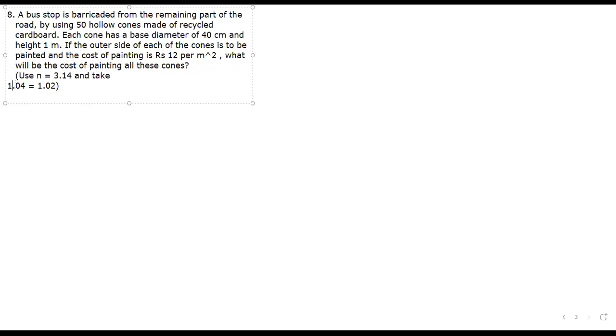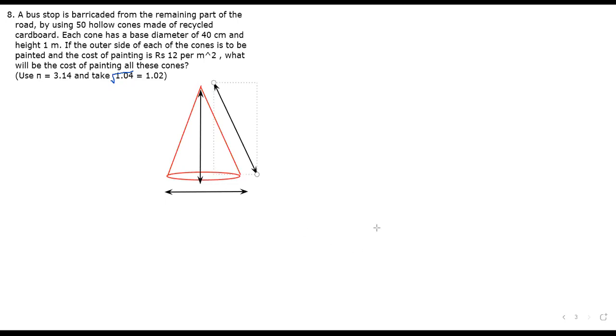They are telling to take root 1.04 as 1.02. So obviously, which area is to be painted? CSA is to be painted, and only the outer CSA. Yes or no? Yes.